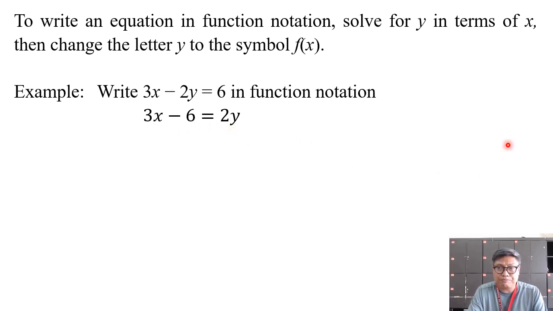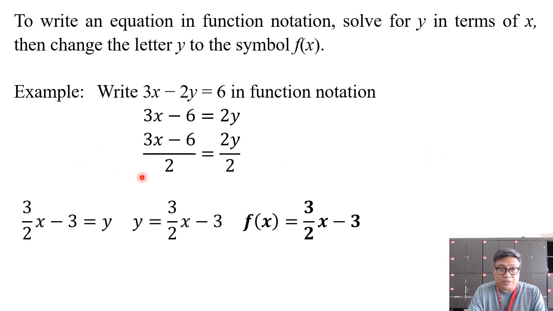Doing that, we have both sides of the equation divided by 2, so that 3x divided by 2 minus 6 divided by 2 equals 2y divided by 2. If we simplify this, 3x divided by 2 is the same as 3 halves of x, while negative 6 divided by 2 is negative 3, and 2y divided by 2 is y.